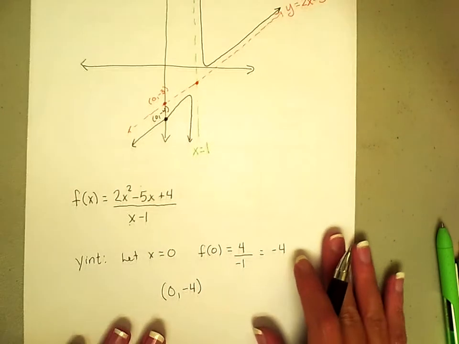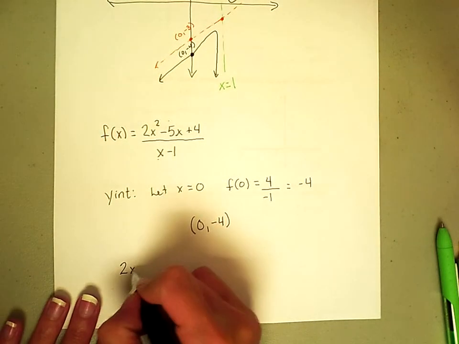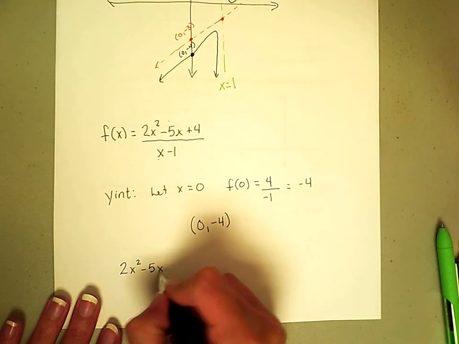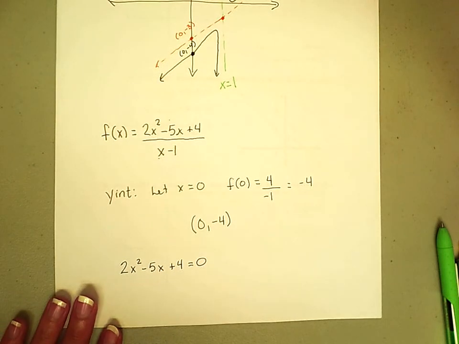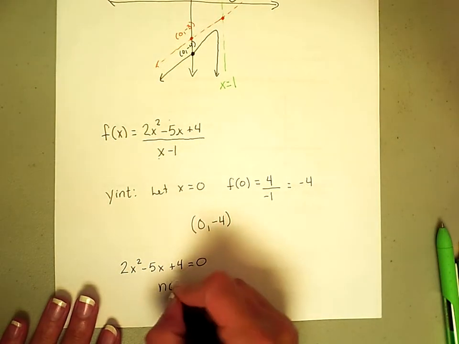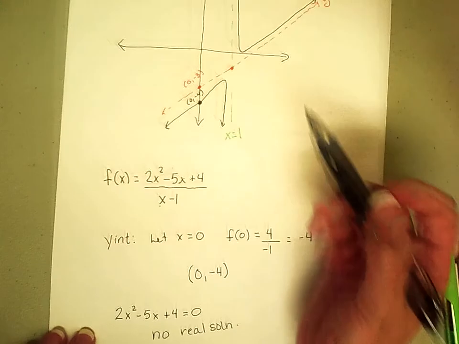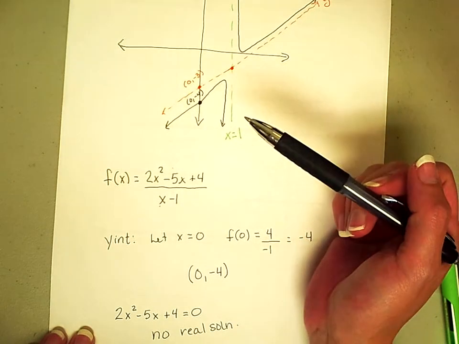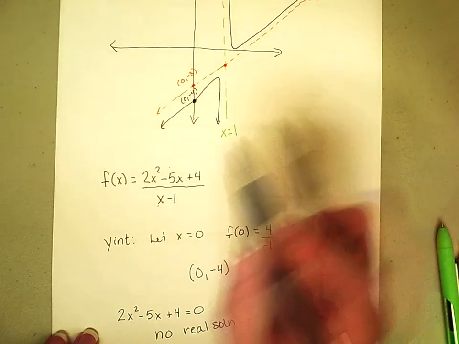We could look for x-intercepts. That is, we would have to solve 2x squared minus 5x plus 4 equals 0. And what we'll find out is that this has no real solution, and that is why there are no x-intercepts.